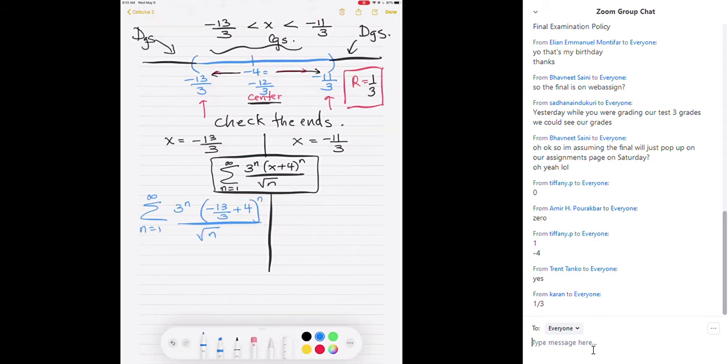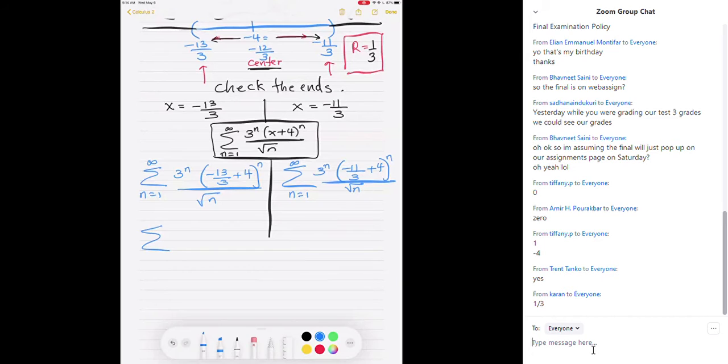Remember, 4 is 12/3. And you're going to tell me what I get here, n equals 1 to infinity, 3 to the n, negative 11/3 plus 4 to the n over square root of n.